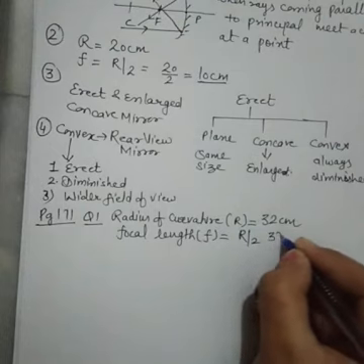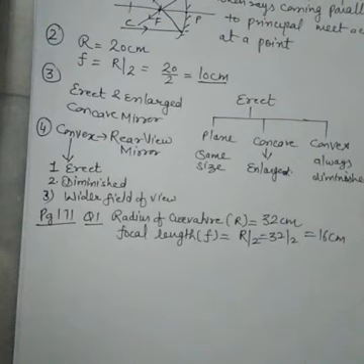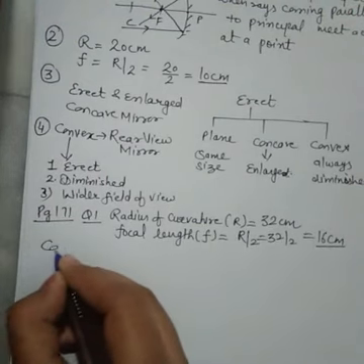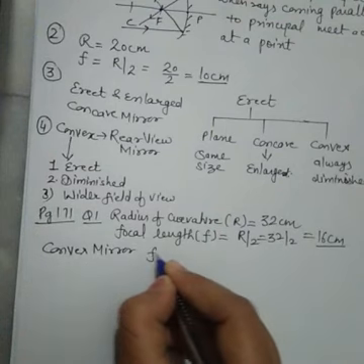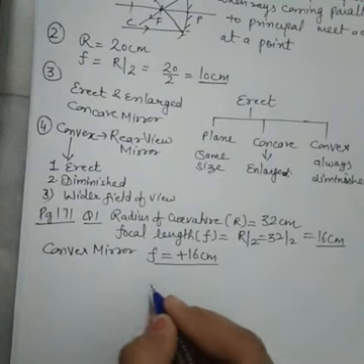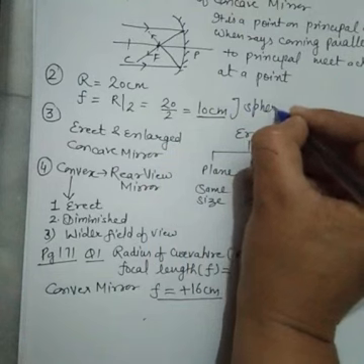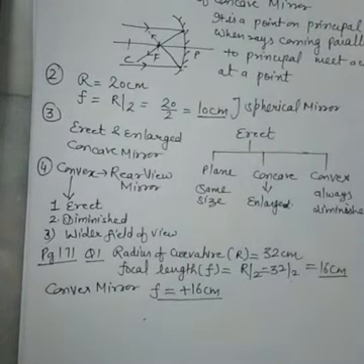So 32 by 2 is equal to 16 centimeter. The mirror is convex, and if the mirror is convex, focal length is positive, so I am mentioning here plus 16 centimeter. But in the earlier question it was mentioned only spherical mirror, meaning neither convex nor concave, so I did not mention a sign.